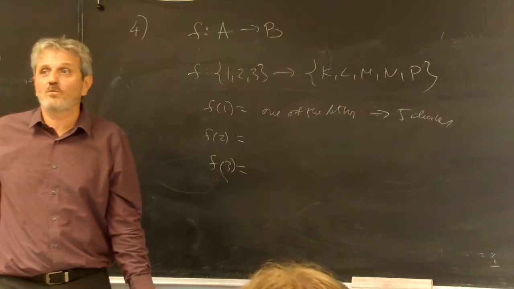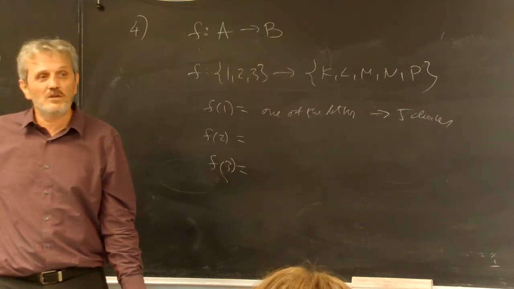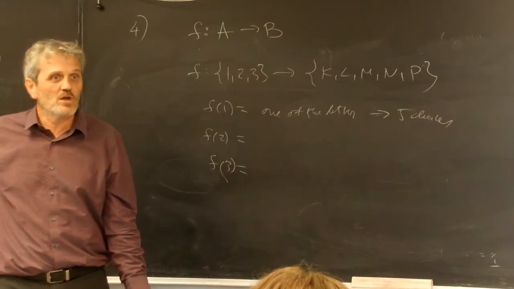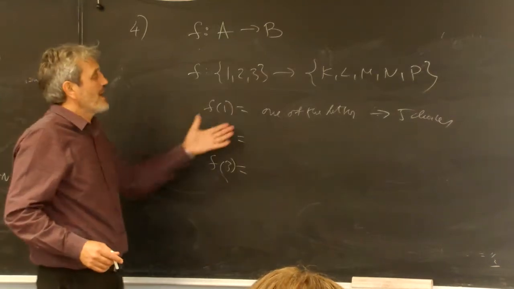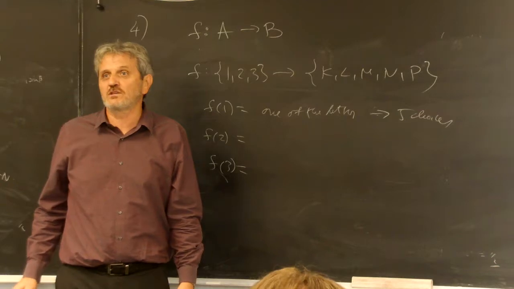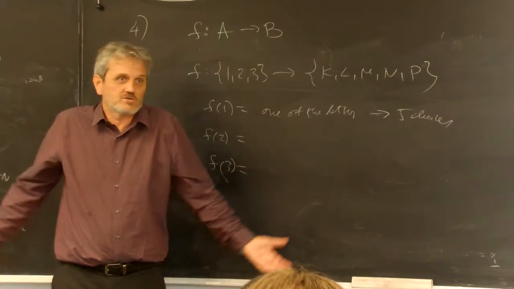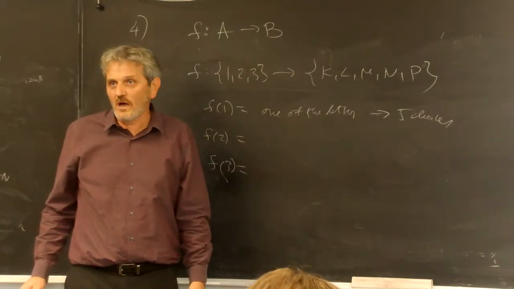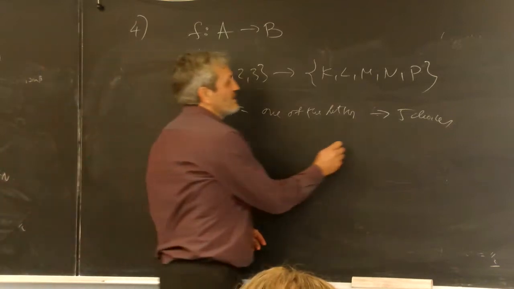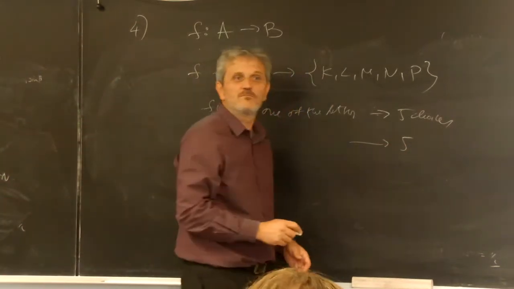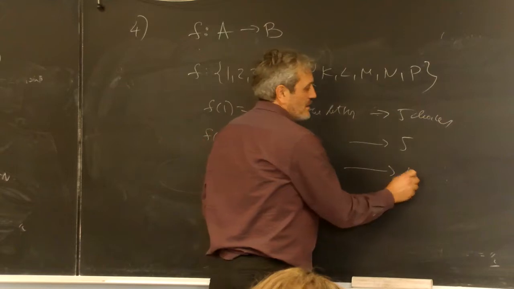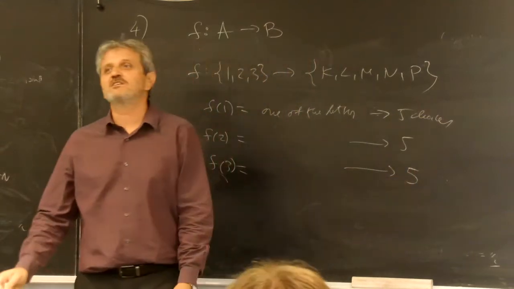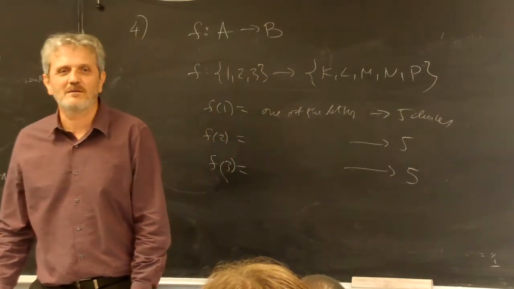If they said one-to-one function, that means inputs cannot share the same output, but generally, can everybody map into the same element? Yes or no? Is that a good function? Yes, it's a constant function. It is a function. It's not one-to-one. So do I again have 5 options? Yes. What about the third one? 5 options. Now my question is, what do I do with these 3 numbers? Should I add them or multiply them?